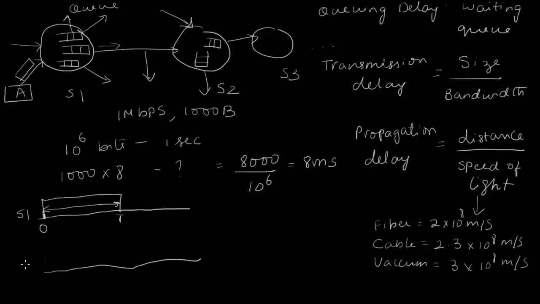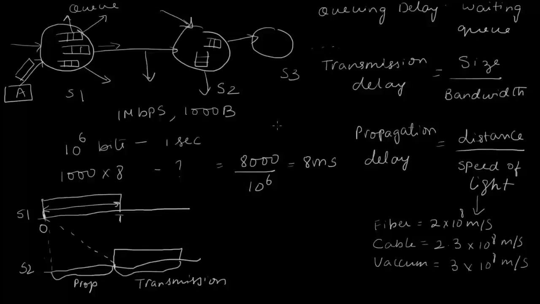So this is S2. Now the first bit, when it leaves node S1, takes some time to reach S2. So this delay is the propagation delay. And then you are going to receive the packet, and this is the transmission delay. So if you see, the moment the packet came to switch S1, there are many delays involved.